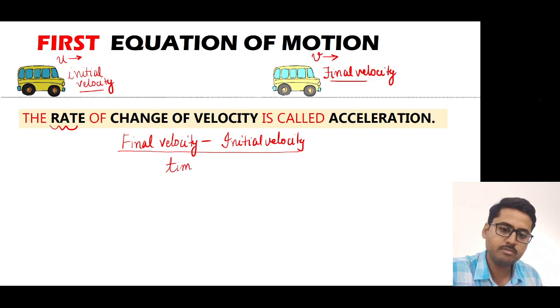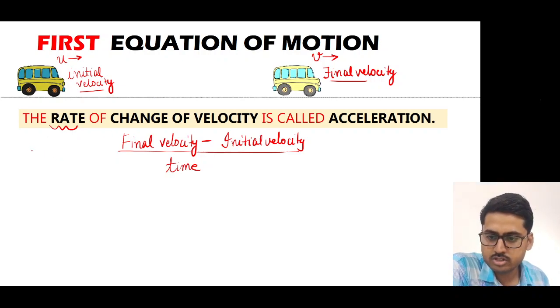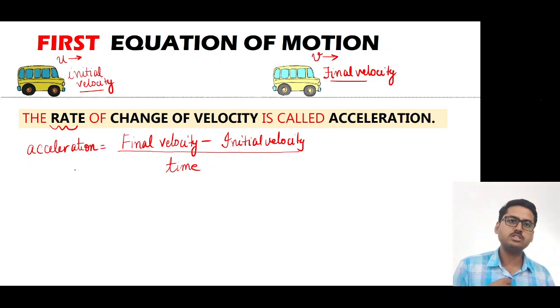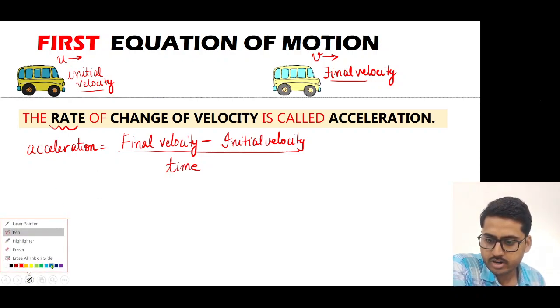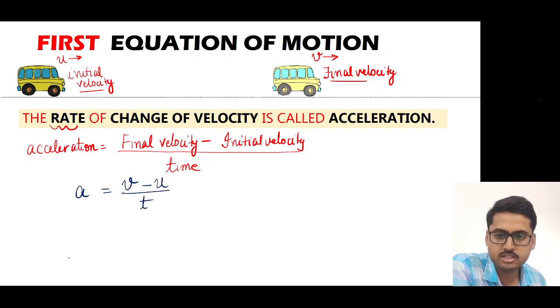So how much time does the object take to reach V from U? That is the acceleration. This is the definition of acceleration: final velocity minus initial velocity divided by the time it takes. So the symbols are A for acceleration, V for final velocity, U for initial velocity, and T for time.